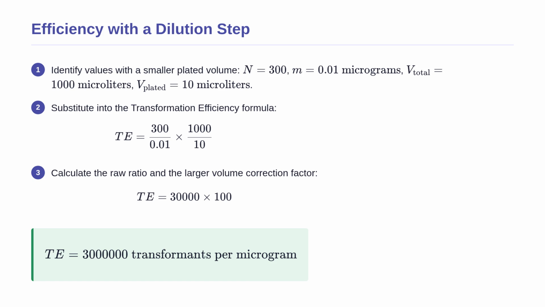Dividing 300 by 0.01 gives a large base number of 30,000. Our volume correction factor is 1,000 divided by 10, which is 100. Multiplying 30,000 by 100 gives us 3 million transformants per microgram. This exceptionally high number proves that the calcium chloride treatment was incredibly effective at neutralizing the membrane charges.